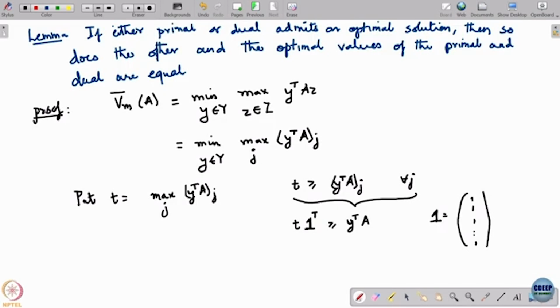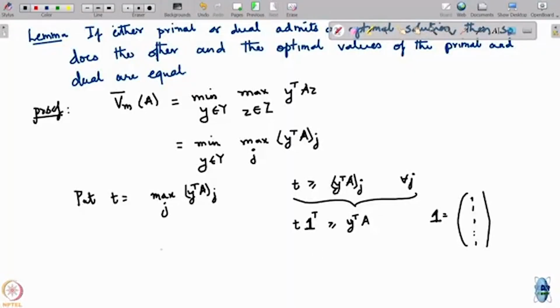That is greater than or equal to every component of another row vector y transpose A, for a fixed y. I have put T equal to the max over j of y transpose A j, and I encode this as this relation. This implies that T is greater than or equal to this, and that is encoded in this form. All of this is being done for a fixed y.